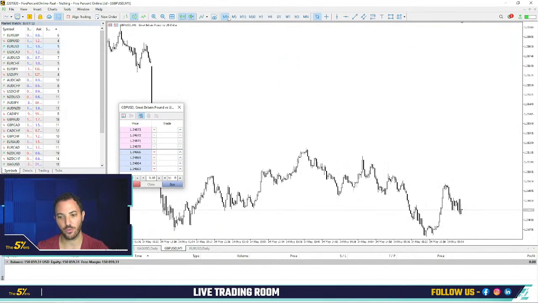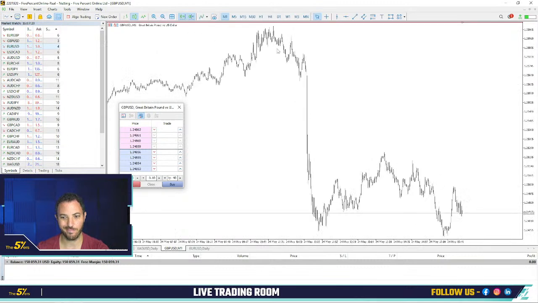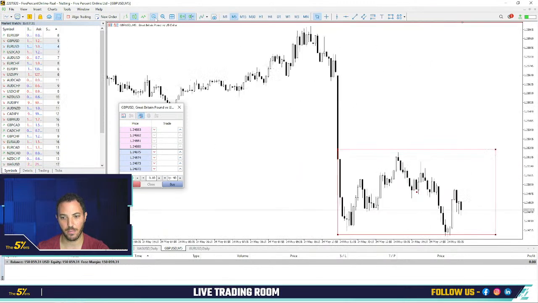I'll be trading the short side of this market. Let me put some order in my thoughts. This is my range. This is the range I'm looking at. This is where we're standing right now.